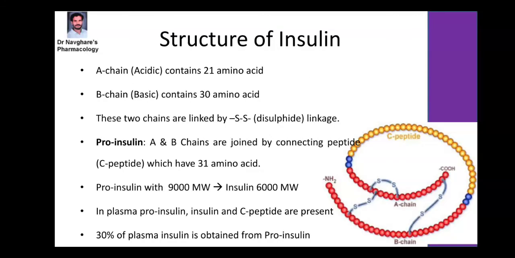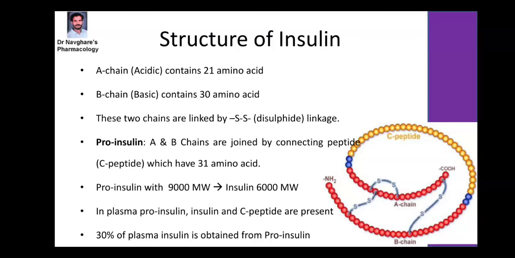So this is a structural representation of the insulin molecule. The insulin molecule is divided into three types of component. A chain, that is the acidic chain, consists of 21 amino acids. B chain, that is the basic chain, contains 30 amino acids, and the yellow colored balls arranged in a series are called C peptide, which contains 31 amino acids.